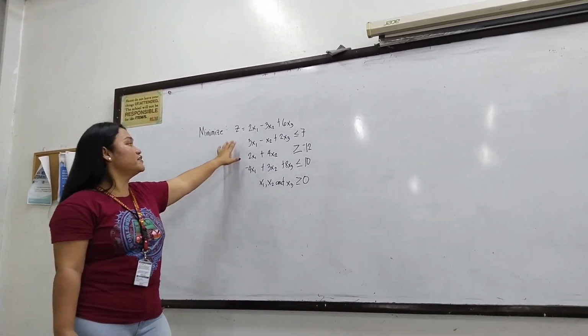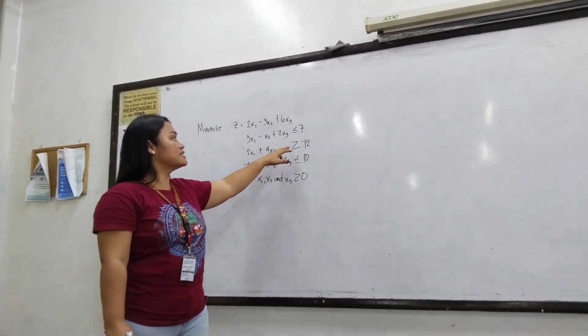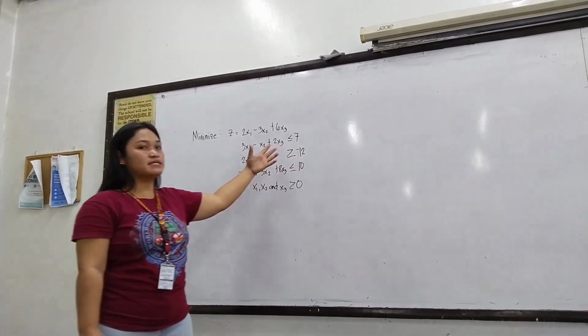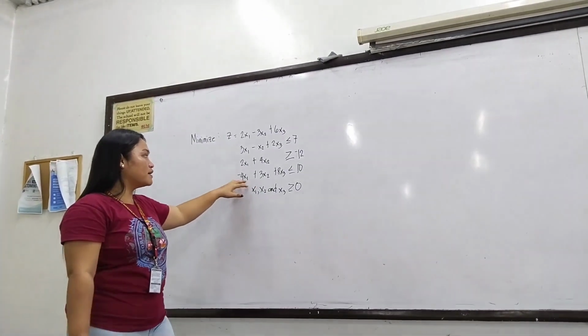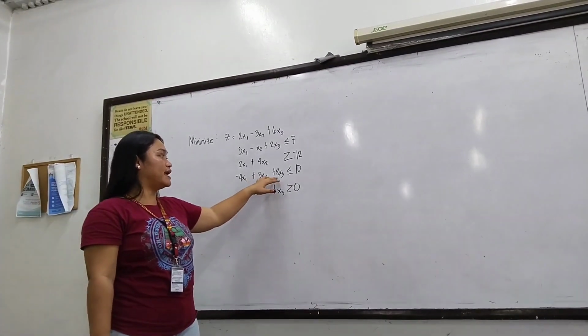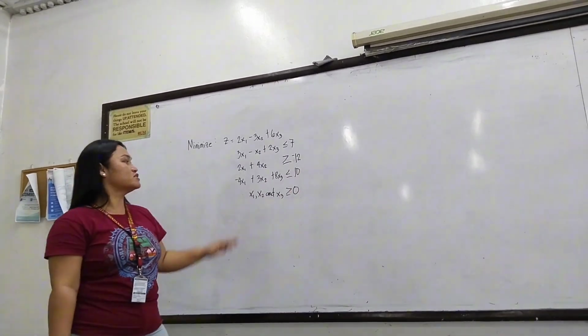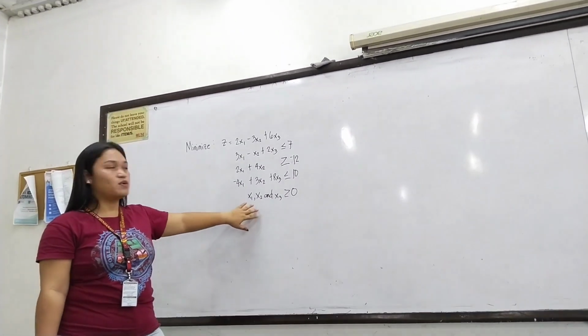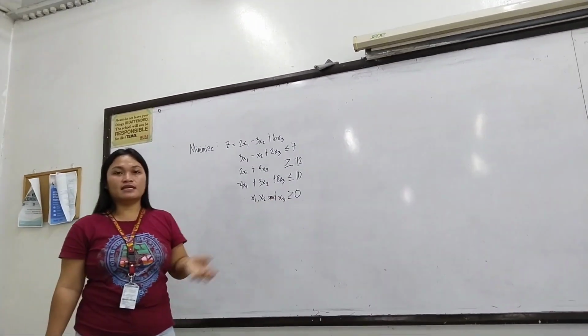This is the first constraint. The 2x1 plus 4x2 is greater than negative 12 is our second constraint. Negative 4x1 plus 3x2 plus 8x3 is less than or equal to 10 is our third constraint. And x1, x2, and x3 are non-negativity constraints.